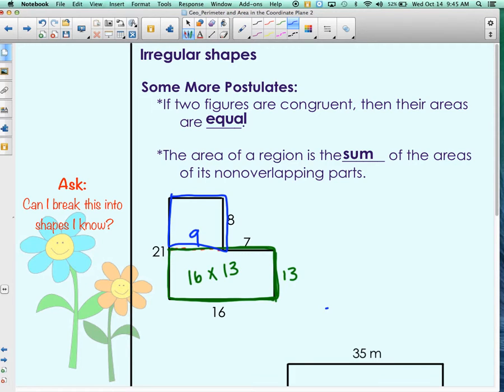So now to find the area of this one in blue, we take 8 times 9, right? What is 16 times 13? Let me get out my calculator. Anybody got that? 16 times 13. How much?